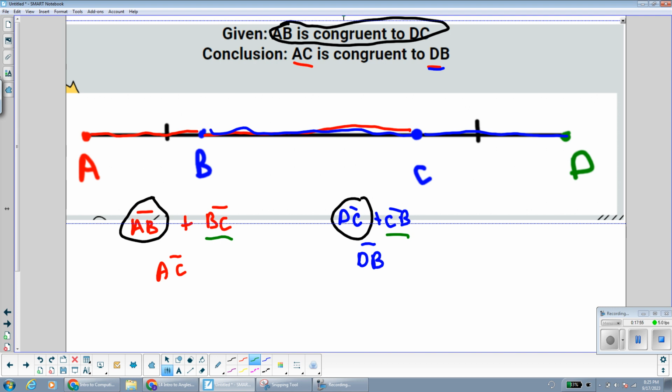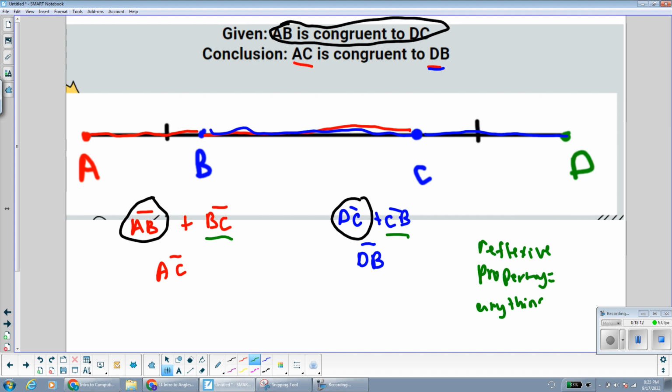Whenever we have something that's the same as itself, we can say it's congruent to itself by the reflexive property. I'm going to write that here. The reflexive property says anything is congruent to itself.